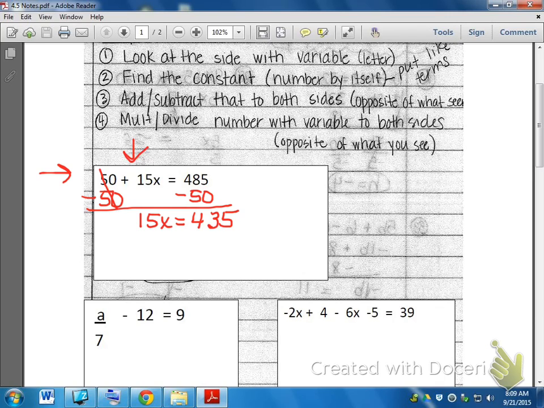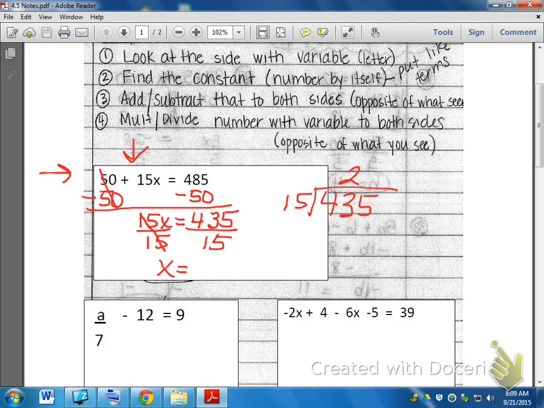Tori, how do I get rid of that 15 with the x? Right, you divide both sides by 15. So this 15 divided by 15 cancels out, and x equals, well, off to the side, you probably need to do 435 divided by 15. 15 times 3 is 45, so 3 is too much.